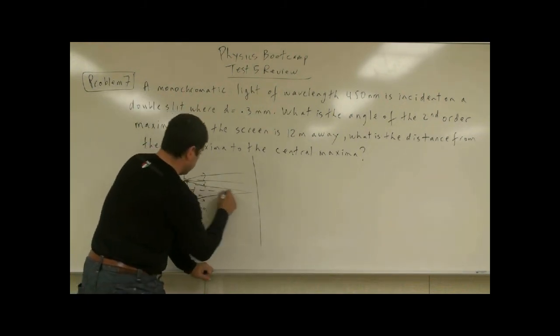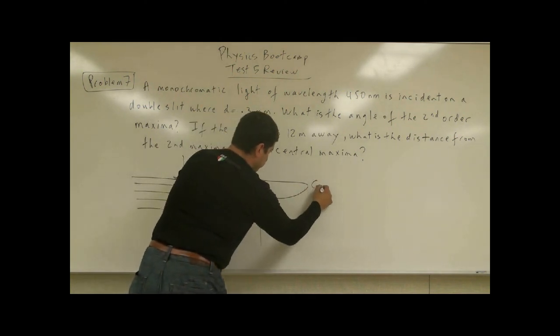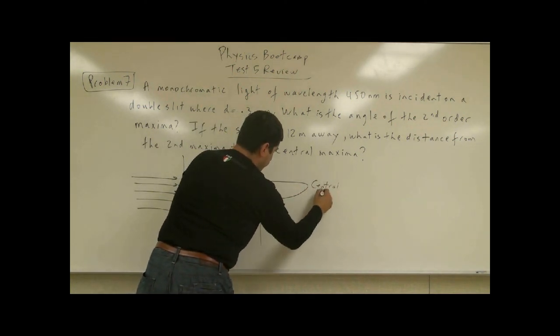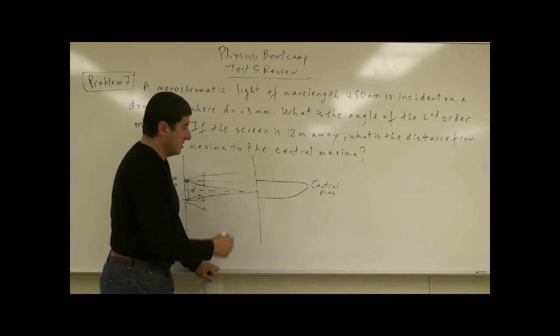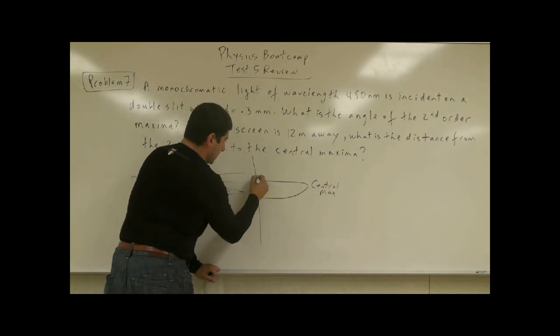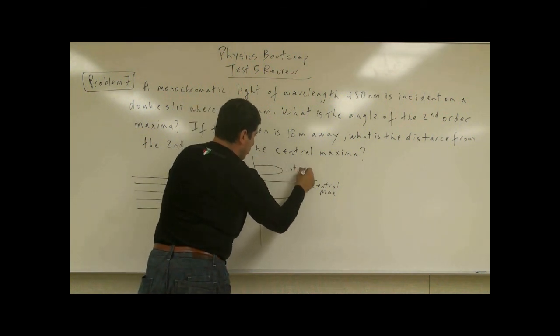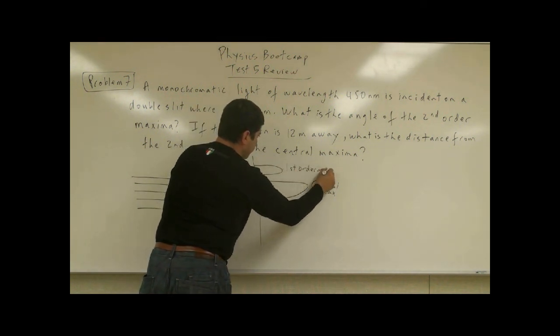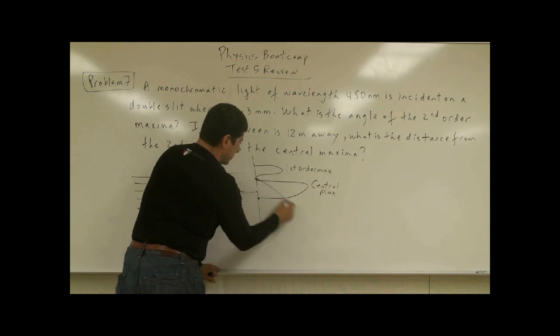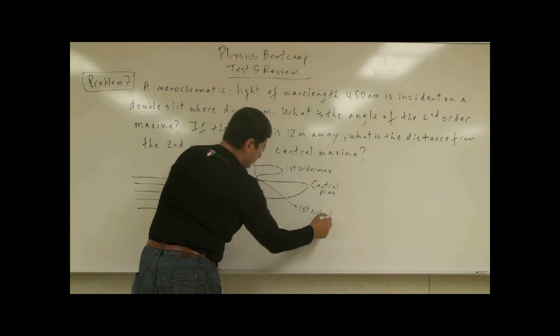Right in the middle, you're going to have the central maximum, which is the brightest. Then you're going to have the first minimum. Then you're going to have the first order maximum.